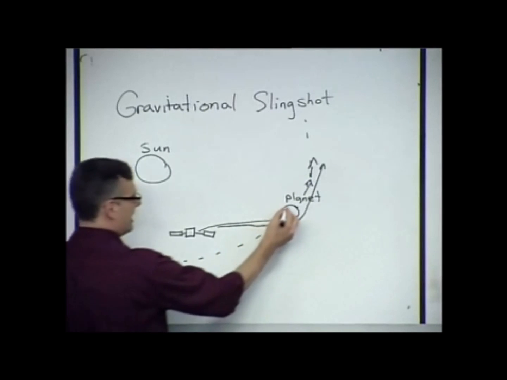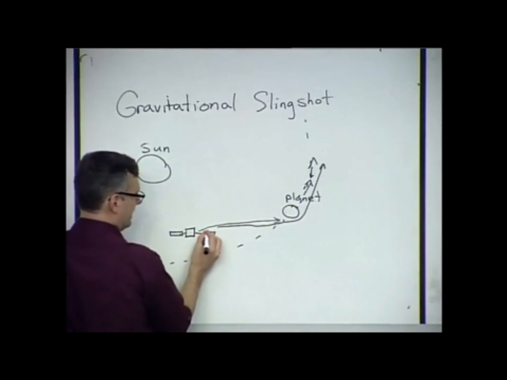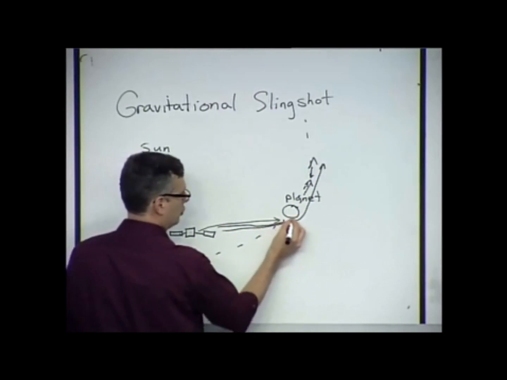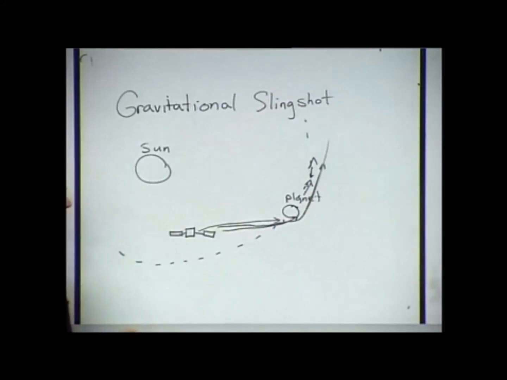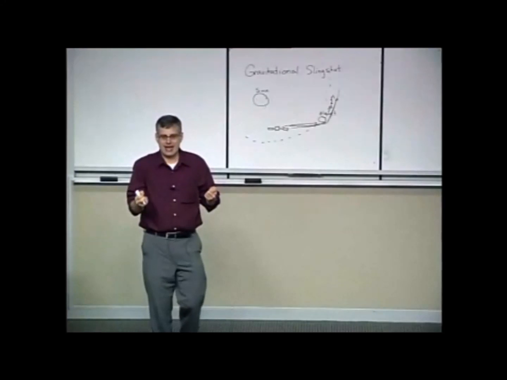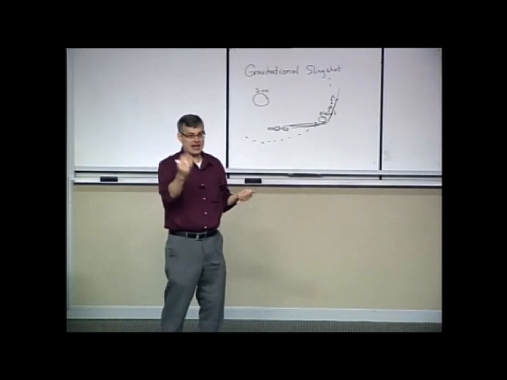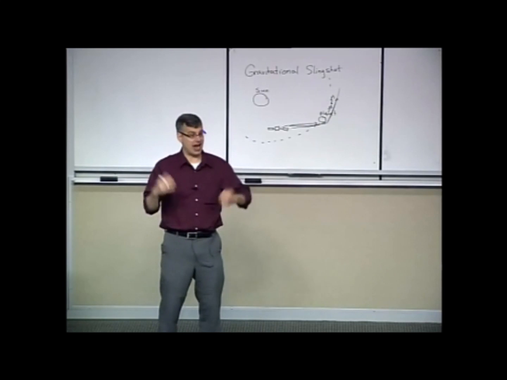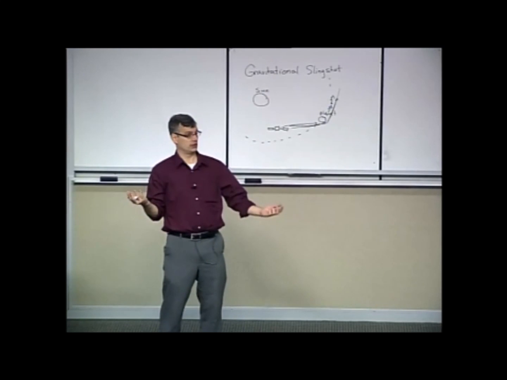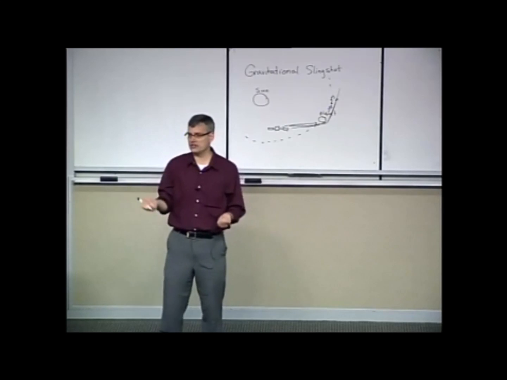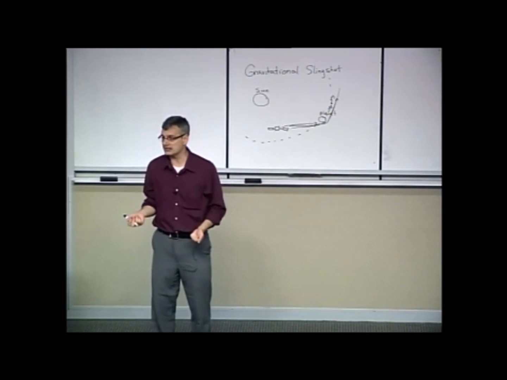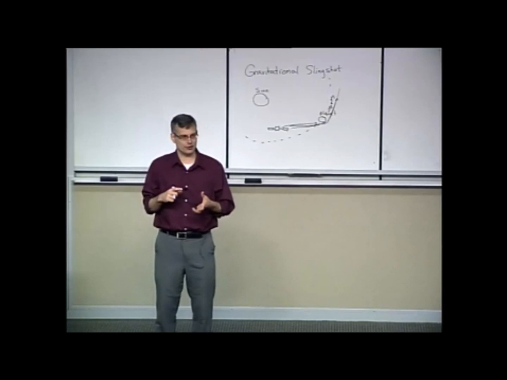However, because this planet is moving, the spacecraft spends more time falling towards the planet than it does flying away, and so you can actually gain some momentum. If you are very careful with your calculations, during the exit you can be in a completely different, higher energy orbit.